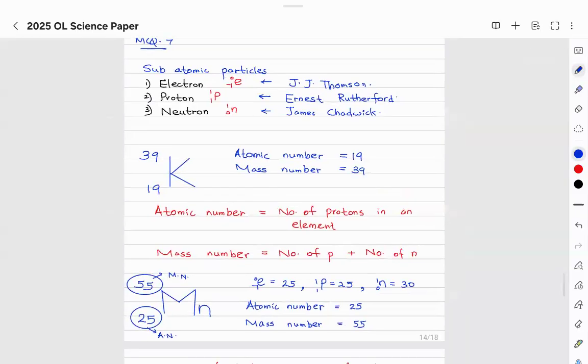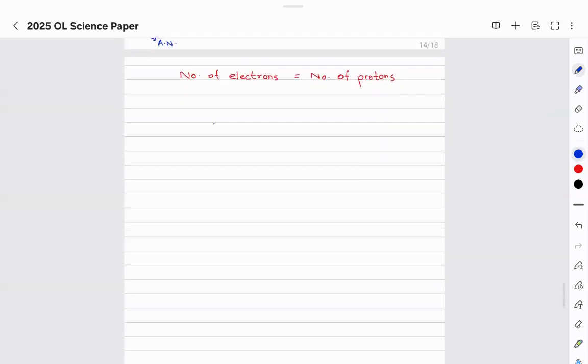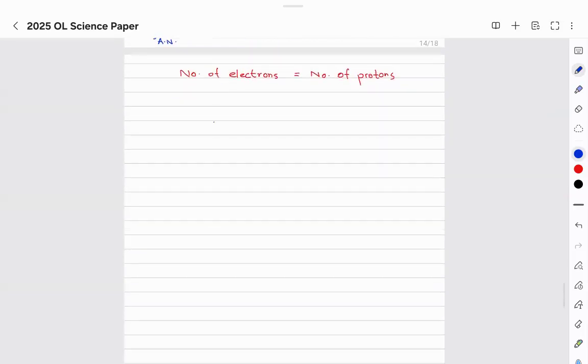In addition to this, if you can remember under the third lesson in grade 10, structure of matter, you have learned about the energy levels, K, L, M, N energy levels, can you remember? And where exactly are the protons and neutrons located in an atom? Yeah, in the nucleus, right?